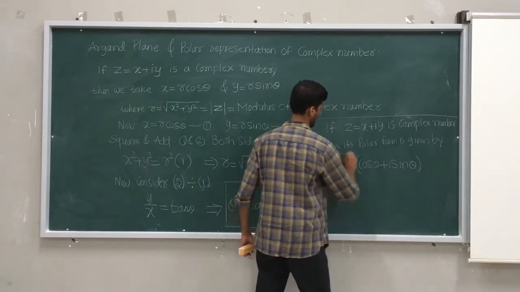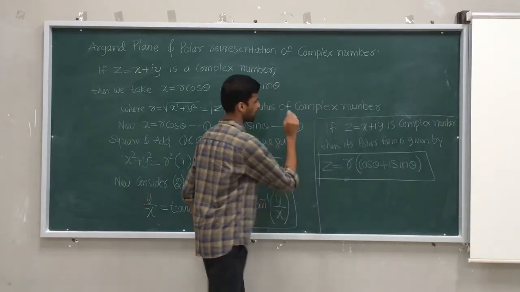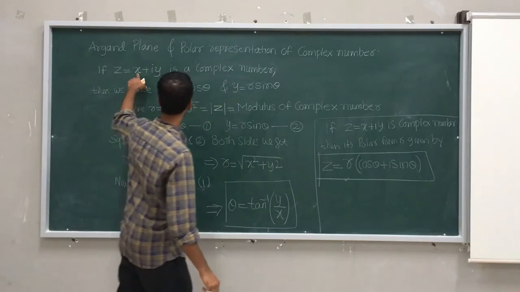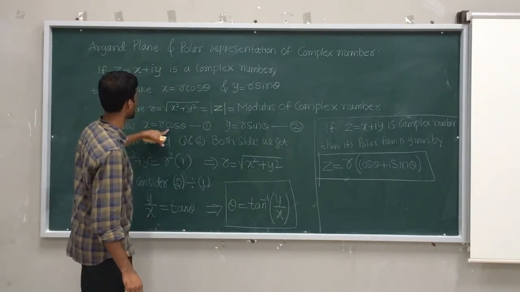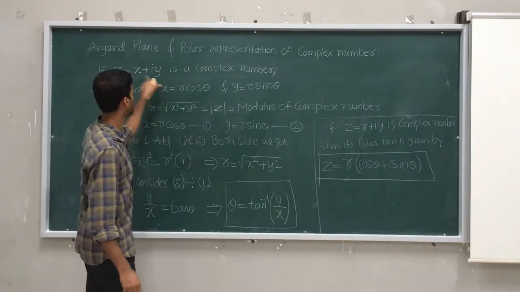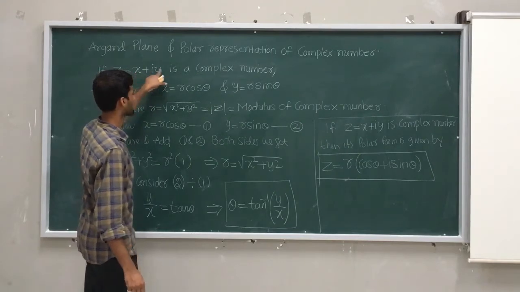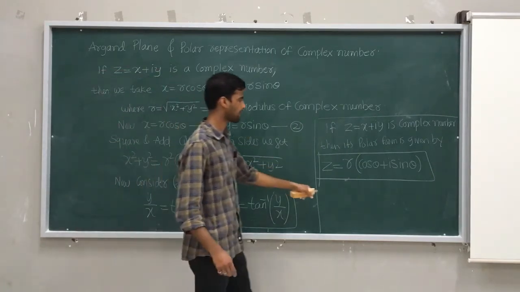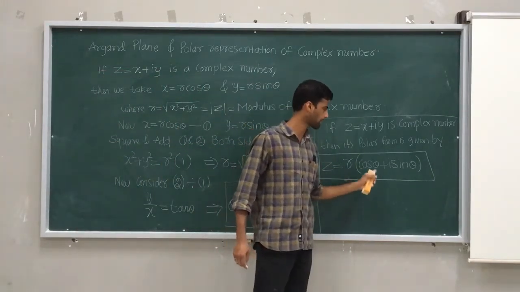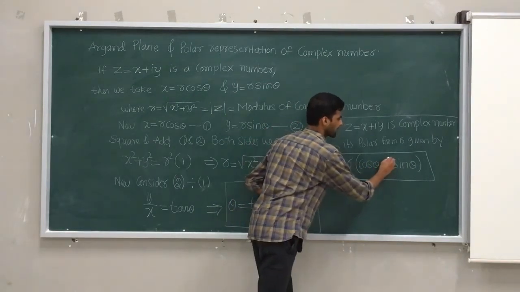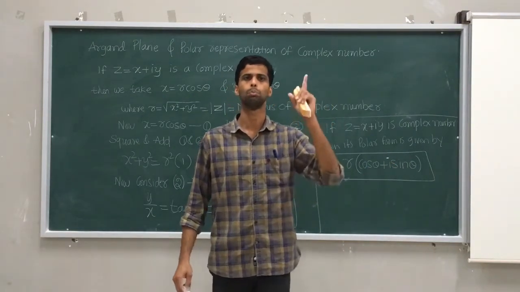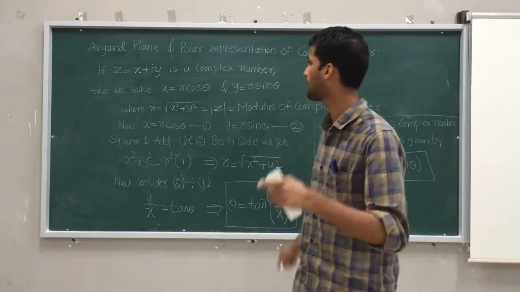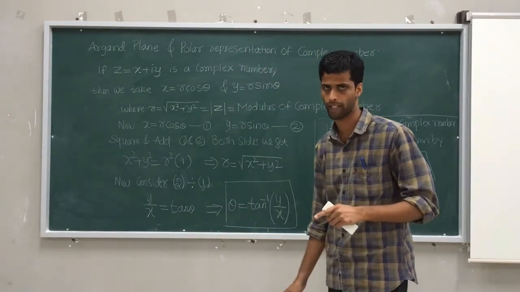So this is called the polar form of a complex number. Why is it like this? I have substituted r cos theta in place of x and r sin theta in place of y. On both sides r is common, so I got cos theta plus i sin theta. Therefore, z equals r times cos theta plus i sin theta is called the polar form of the given complex number x plus iy.